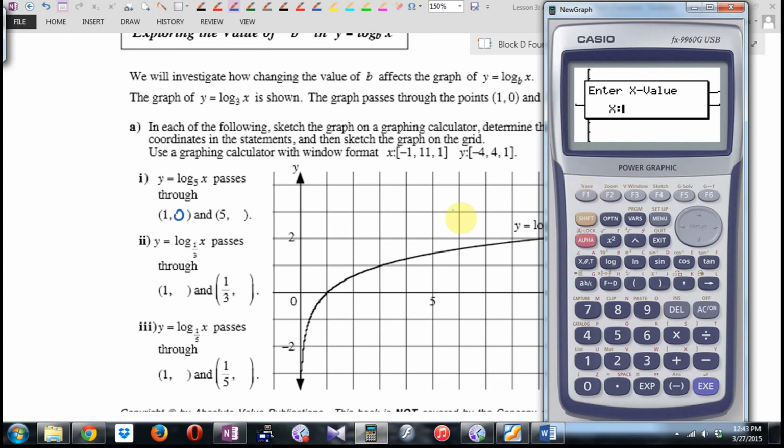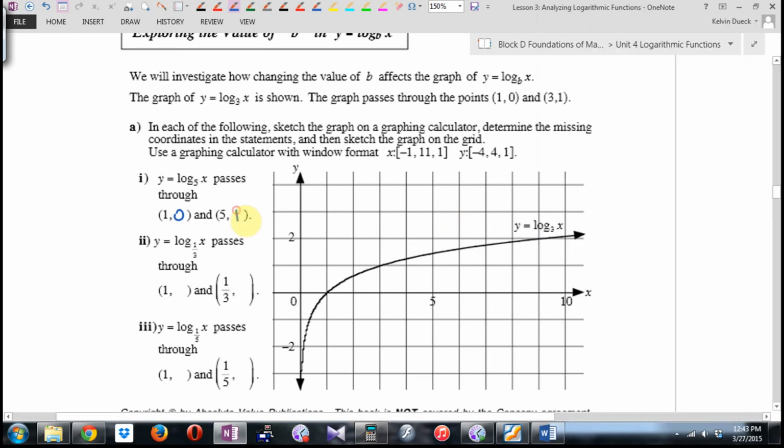It wants us to see what you get for an x value of 5. What do you get? So log base 5 of x goes through 1, 0 and 5, 1. It goes like this.